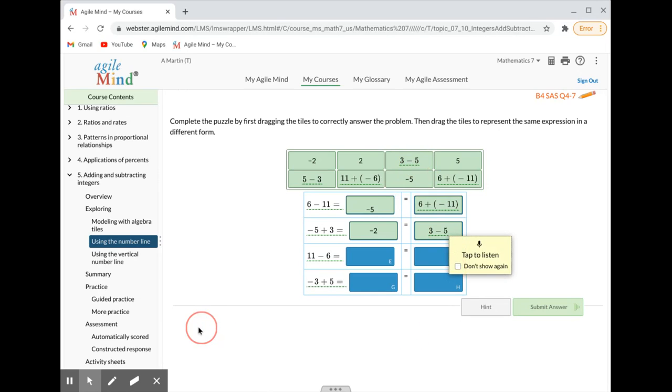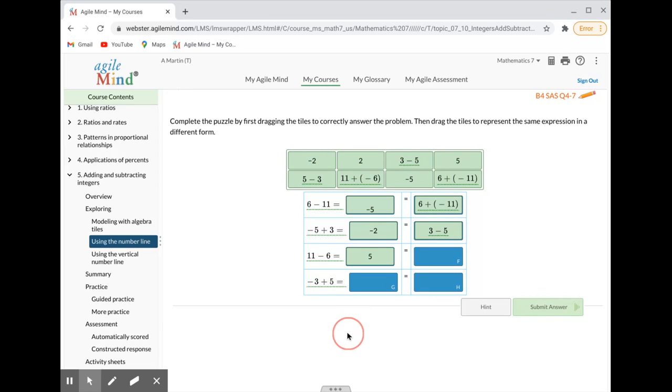All right, so let's look at E. All right, Natalia, what would you have for 11 minus 6? +5. Good. And what's another thing that we could use there to make that work? 6 plus -11? I said 11 plus -6. Kalia said 11 plus -6.